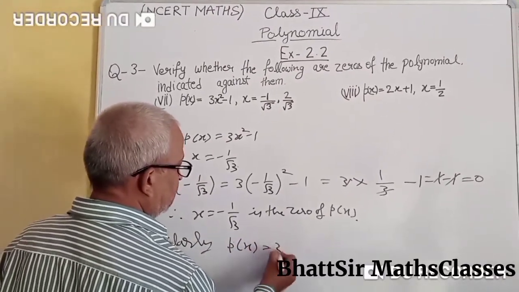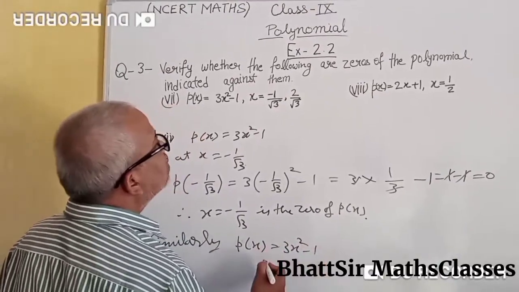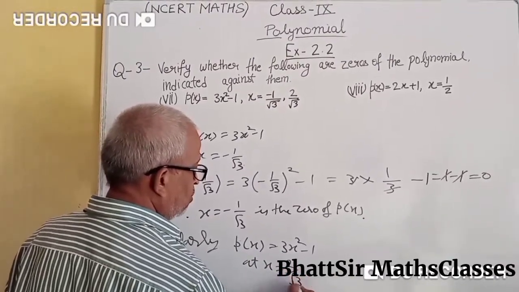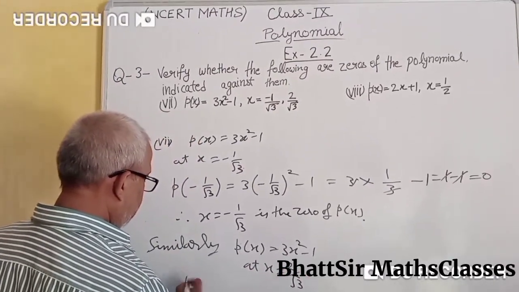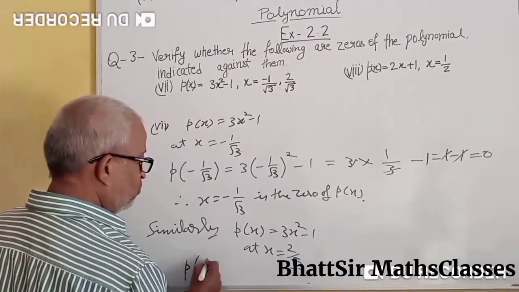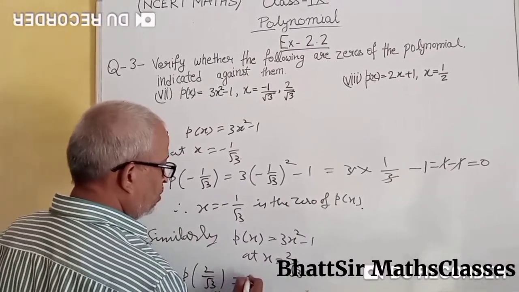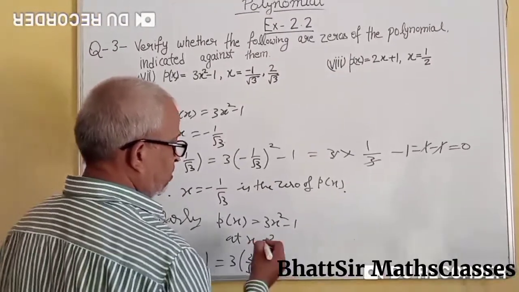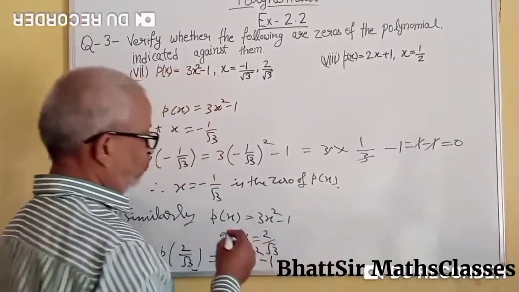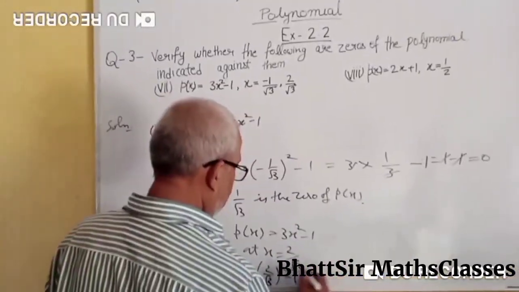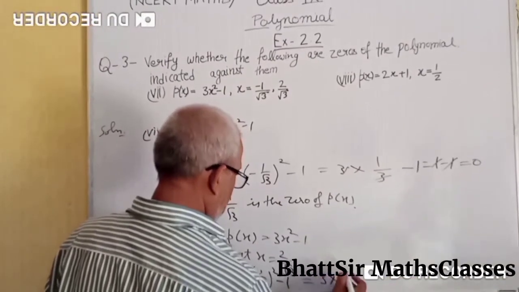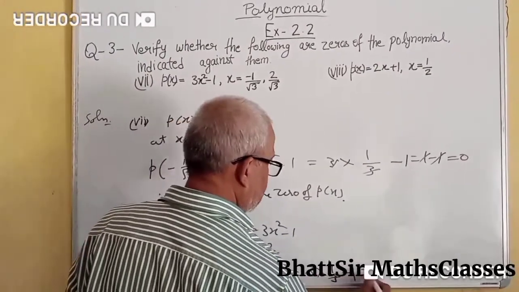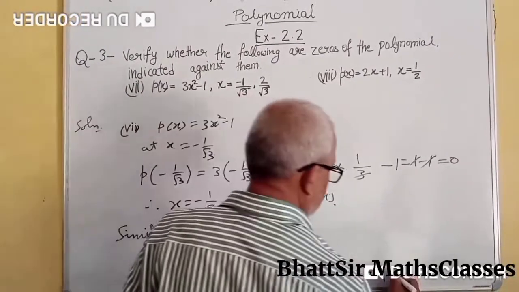P(x) equal to 3x square minus 1 at x equal to 2 upon root 3. So P(2 upon root 3) equal to 3 times (2 upon root 3) square minus 1, equal to 3 into 4 upon 3 minus 1. 3 and 3 cancel out, 4 minus 1, equal to 3.